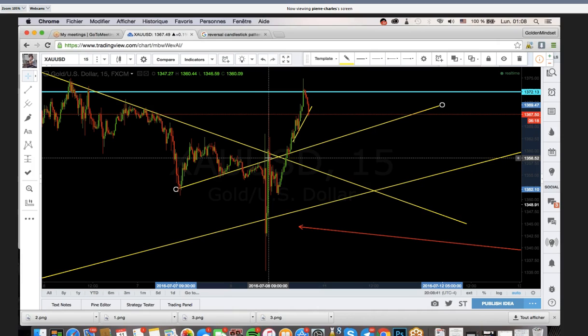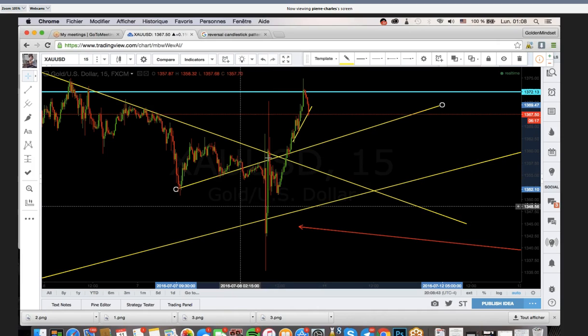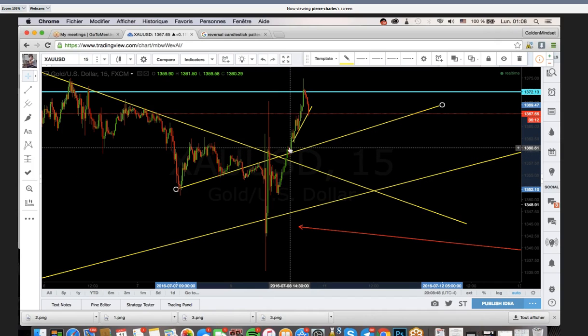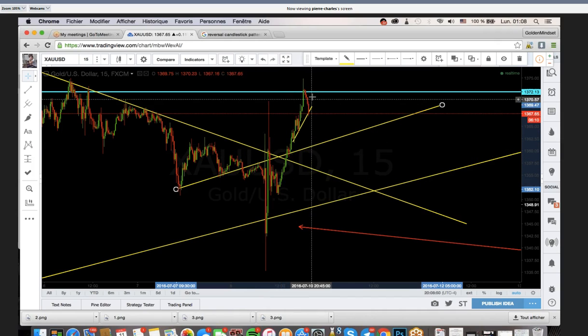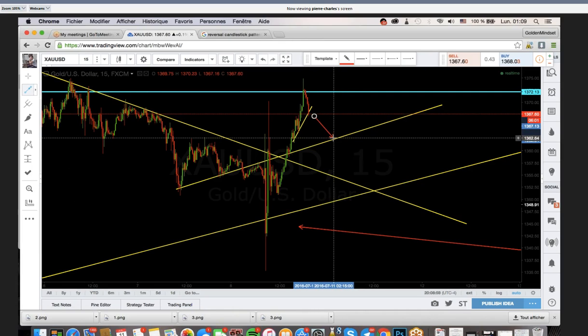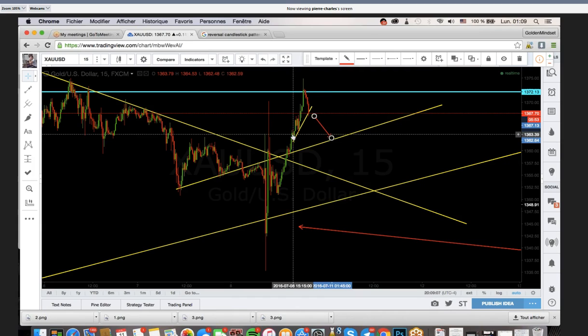So we have 1, 2, 3, 4, 5 touches there, and then it goes back to it, breaks it, and it keeps going up. So for gold, for example, it might not go there, but I'm expecting maybe 1362, around that point, and then I see a reversal.